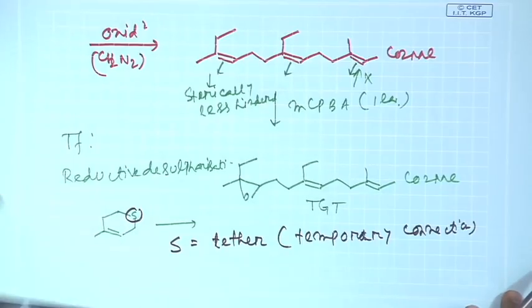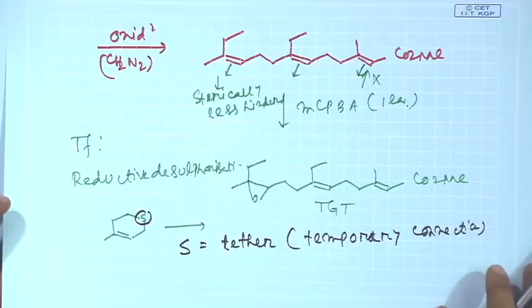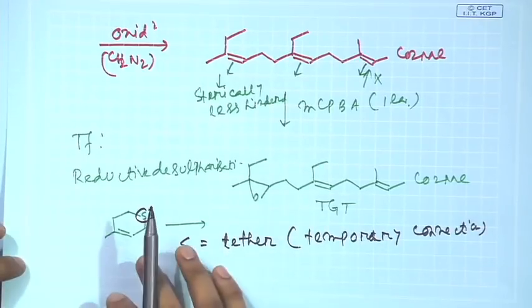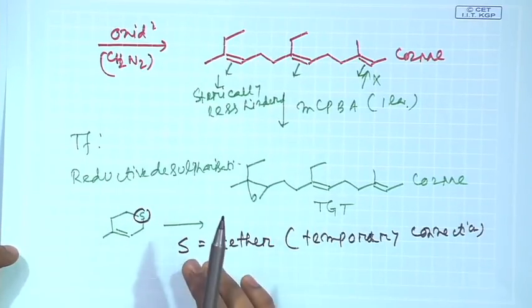So, probably similar kinds of things we will be explaining in subsequent lectures. So, till today just go through the reductive desulfurization technology, how this reductive desulfurization method helps, or how this sulfur tether chemistry helped to get access to some of the intermediates which are very useful in synthetic organic chemistry.